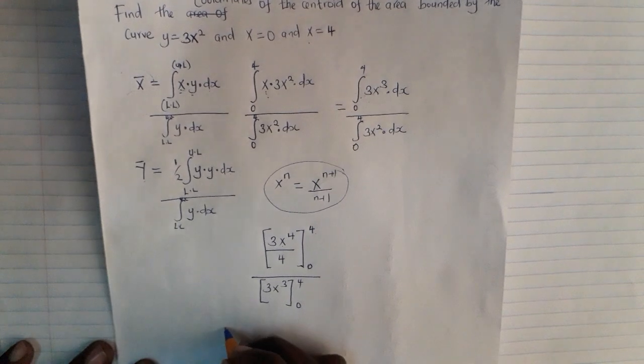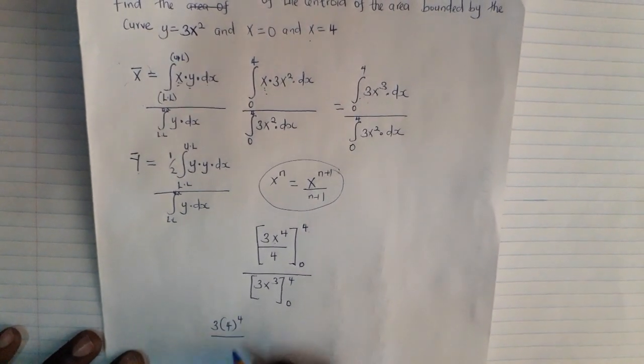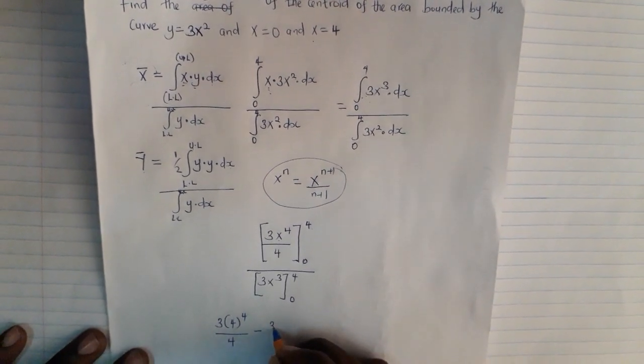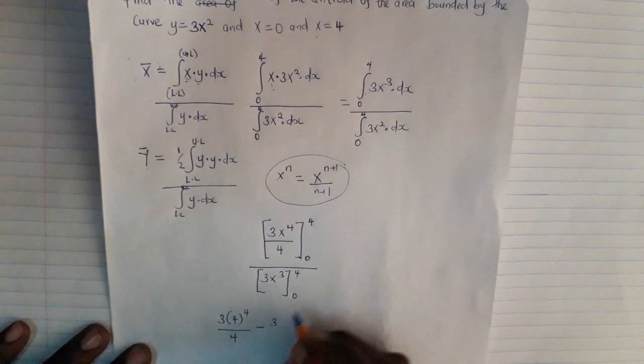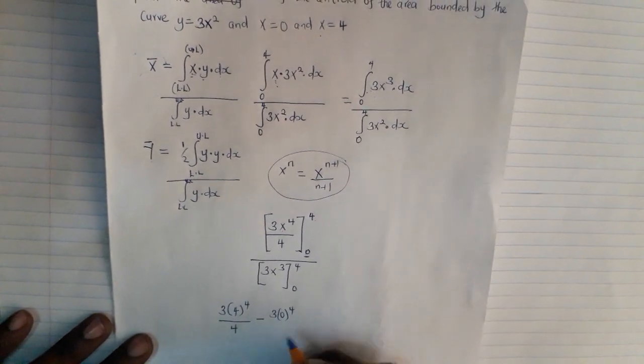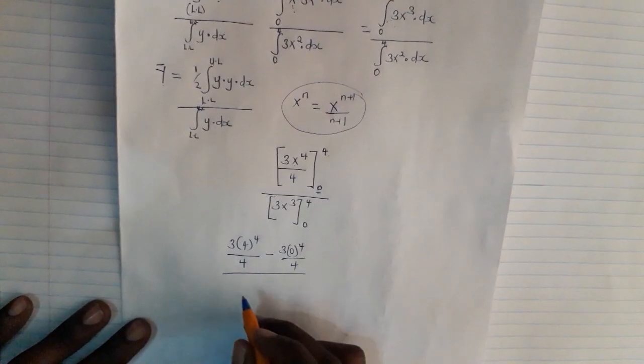So we're going to have 3 and then 4 power 4 over 4 minus 3, and then our x, we replace it with the lower limit now, which is 0 power 4 over 4, all over 3x power 3.